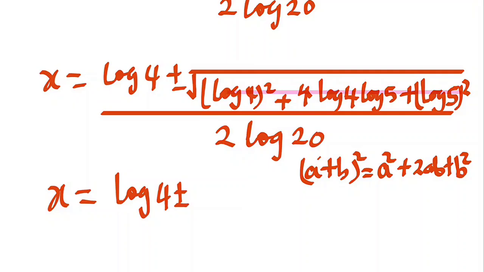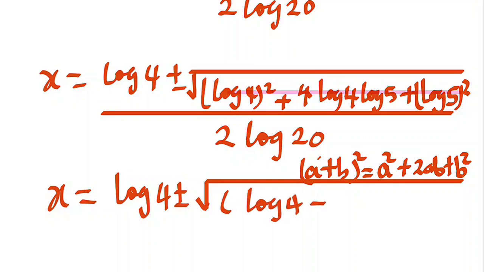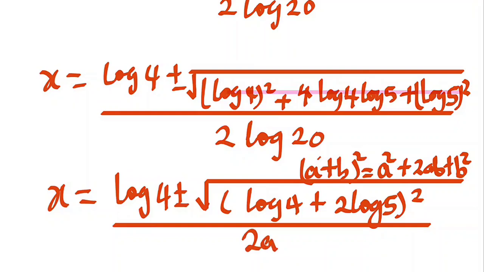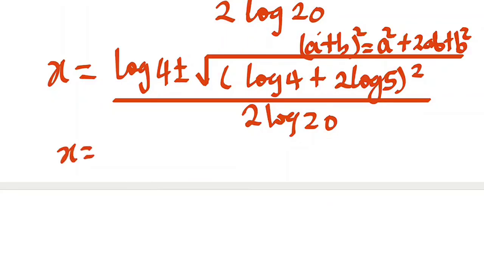So we're going to have the square root of everything there, which is log 4 plus 2 log 5, all squared, all divided by 2 log 20. x equals log 4 plus or minus this.